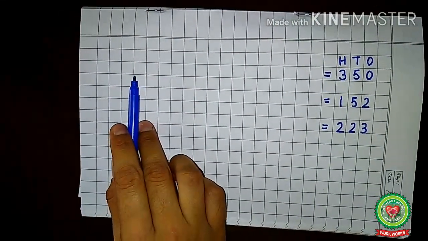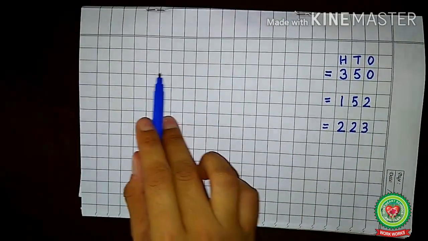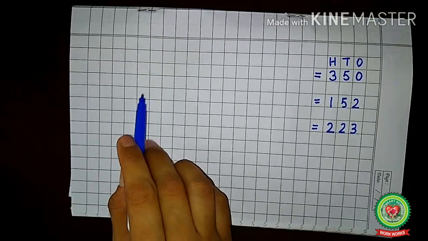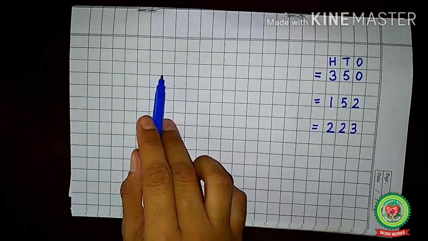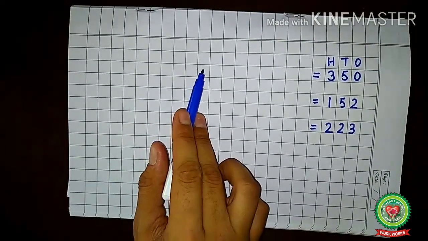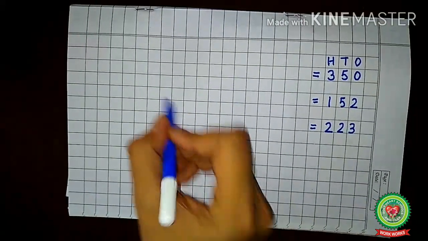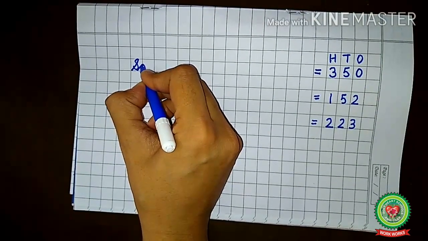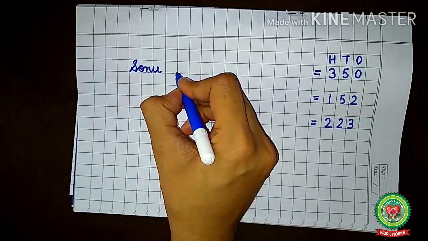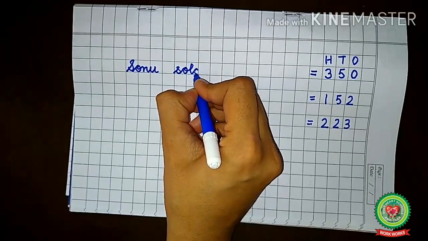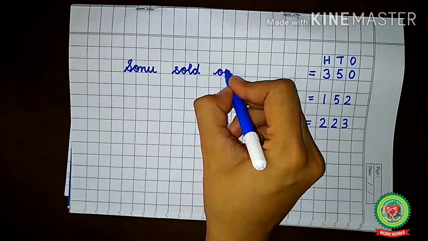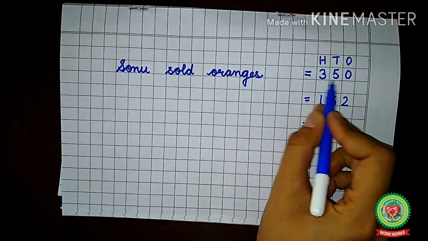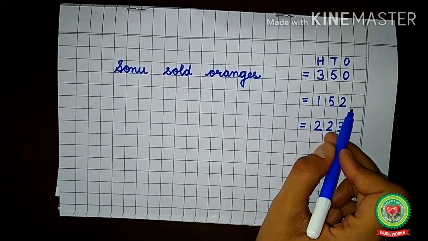Now Sonu sold 350 oranges. So what will we write? You have to make the statement. You can write numbers of oranges sold, or you can simply write oranges sold, or Sonu sold oranges. So we will write Sonu sold oranges. How many? We have written 350. Now 152 apples.